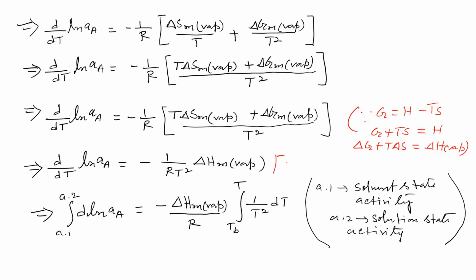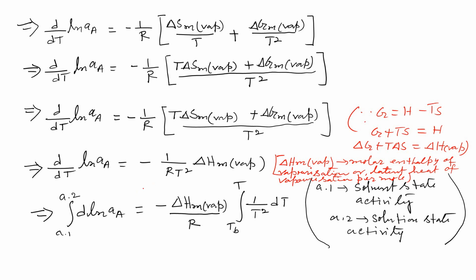Here I can write this delta Hm vaporization: this is the molar enthalpy of vaporization, or latent heat of vaporization per mole.